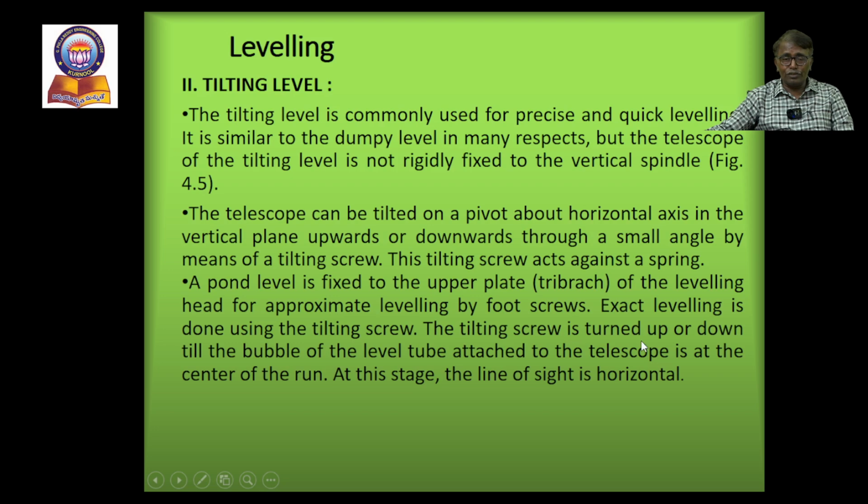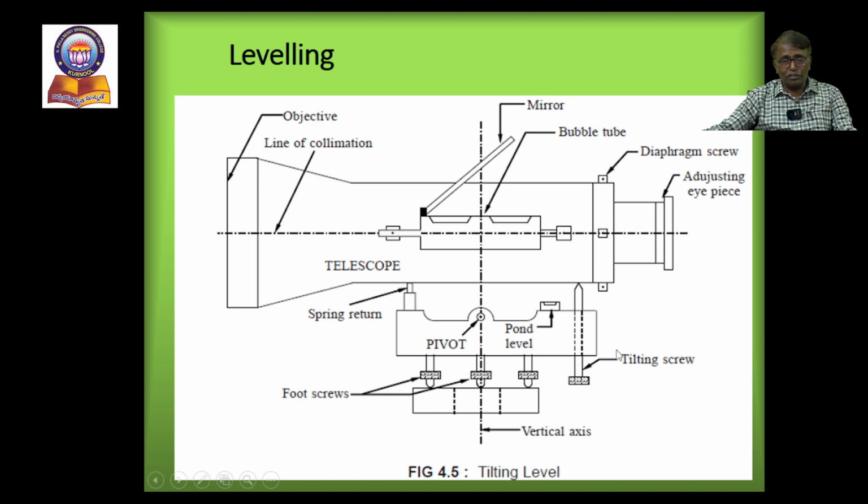The tilting screw is turned up or down till the bubble of the level tube attached to the telescope is at the center of its run. At this stage, the line of sight is horizontal. The tilting screw will have gradations on it, and these gradations measure the angle of inclination. That means the telescope can be adjusted so that the bubble is brought to the center of its run.